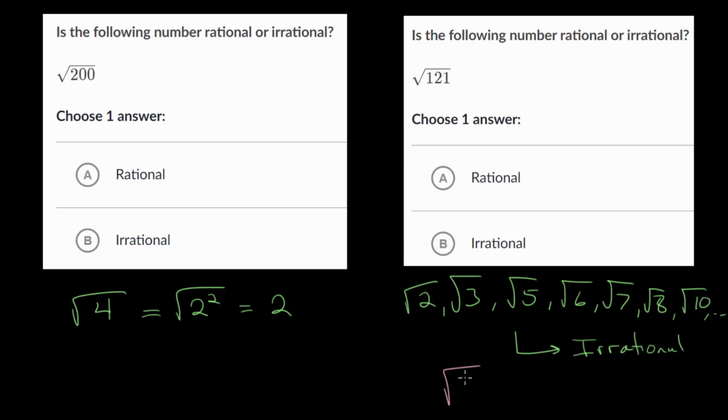So for instance, when you plug the square root of 3 into your calculator, let me just rewrite that. When you plug that square root into the calculator, you get 1.732050, and it's going to go on forever. But the calculator, depending on how good your calculator is, will round it at some point.